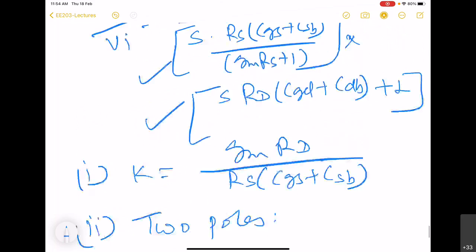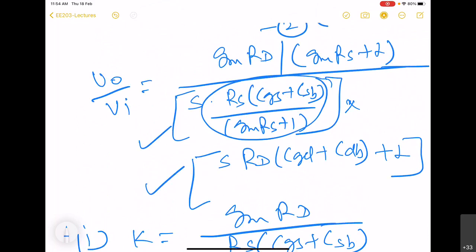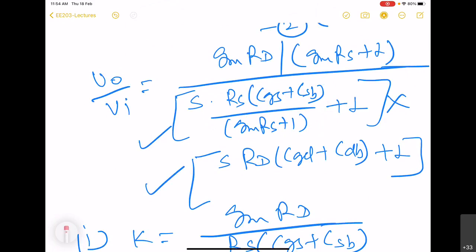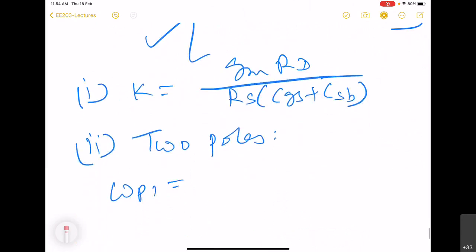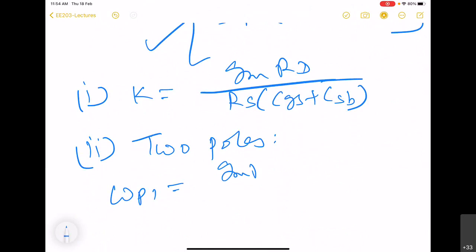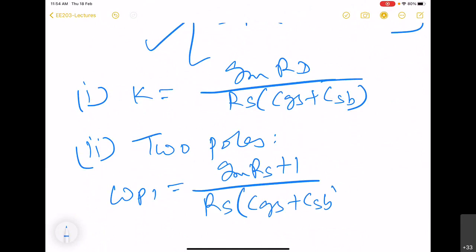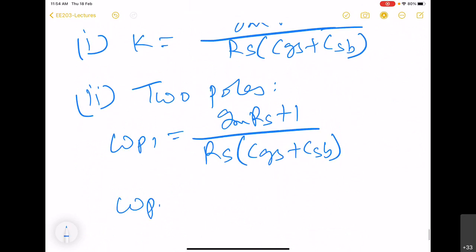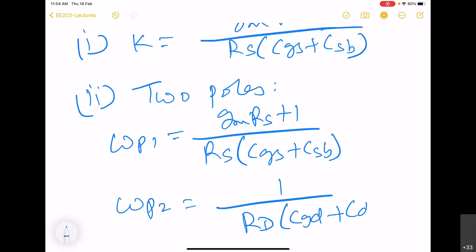Omega P1 is given by the reverse of this factor, so that will be (gm RS plus 1) divided by RS (CGS plus CSB), and omega P2 is equal to 1 by RD (CGD plus CDB).